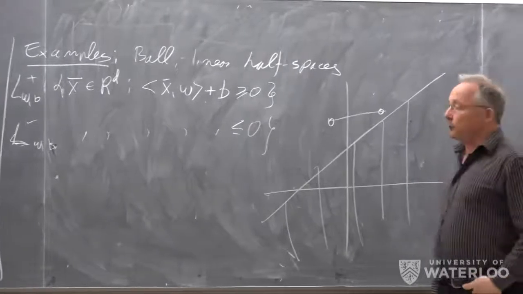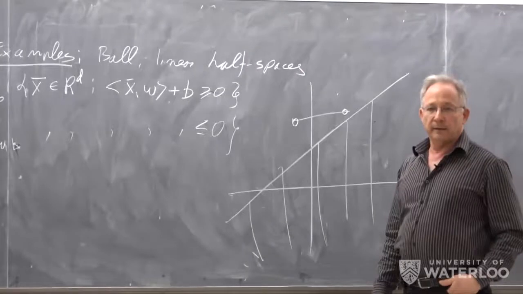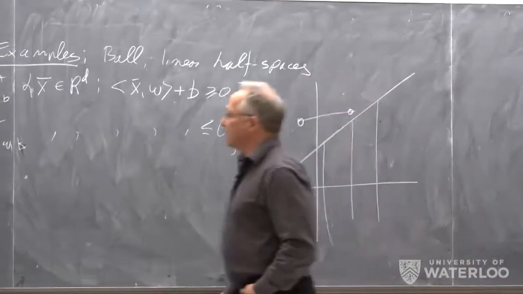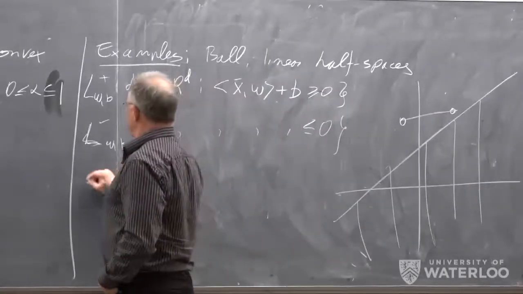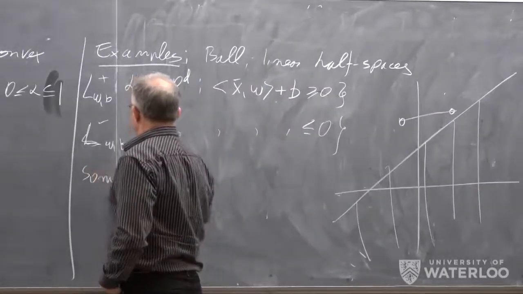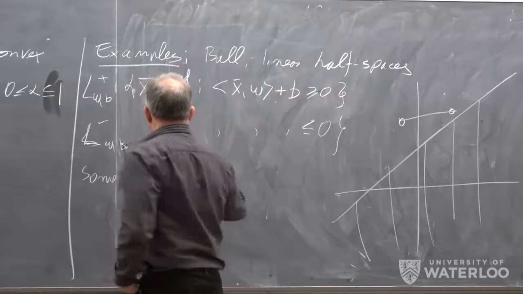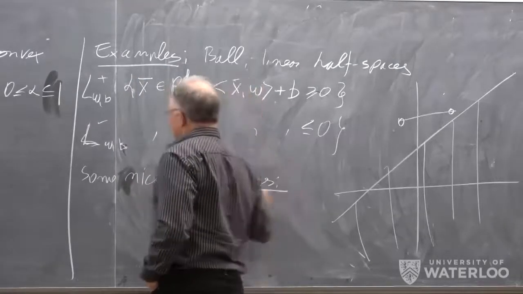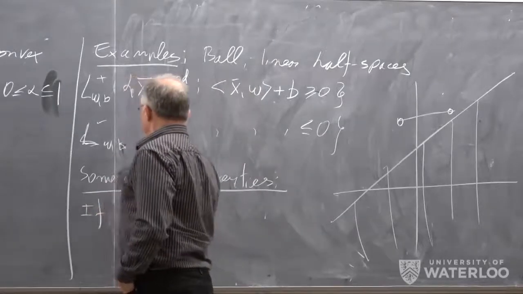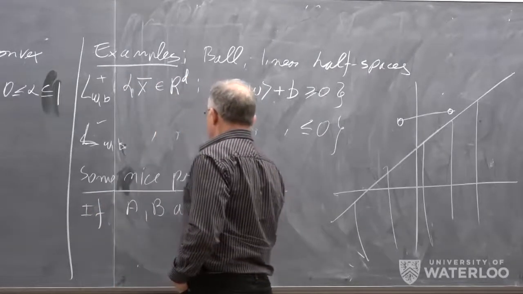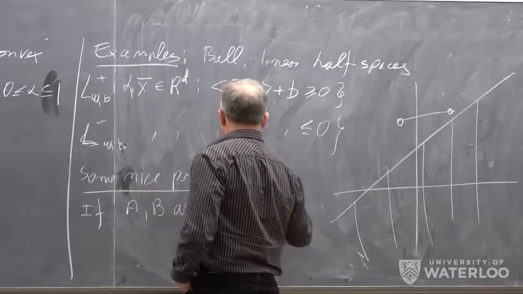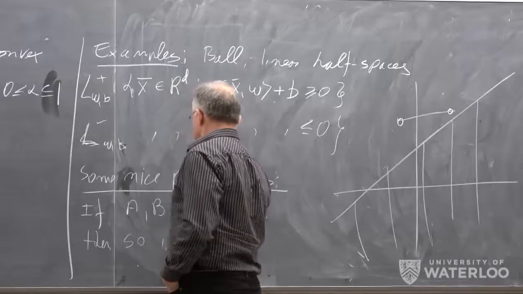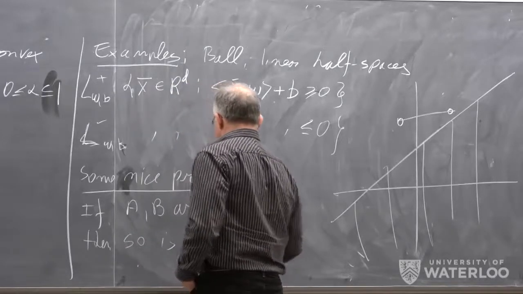So half spaces are convex, and balls are convex, and we have all kinds of nice properties of convex sets. For example, if A and B are convex, then so is A intersection B.